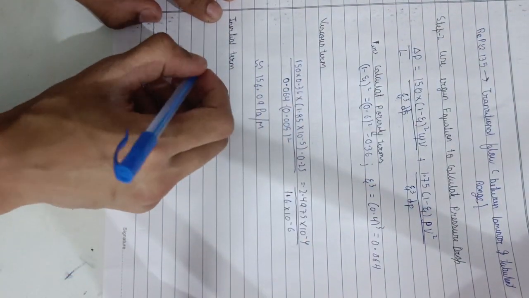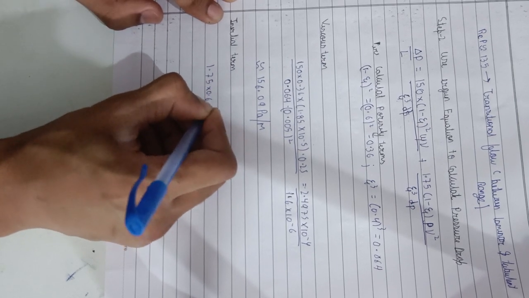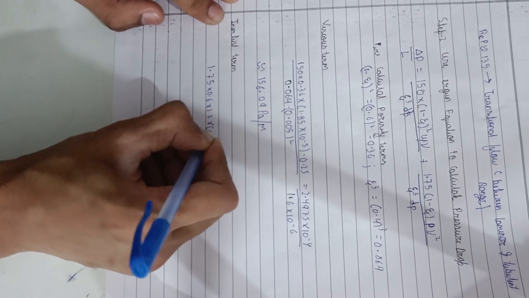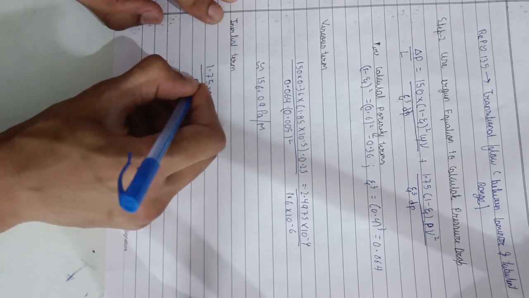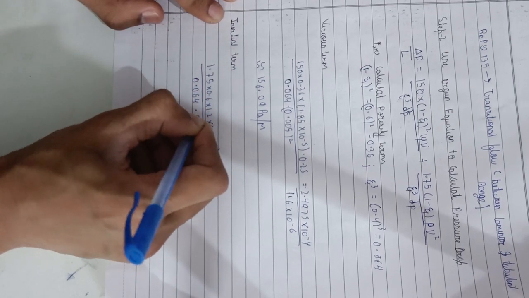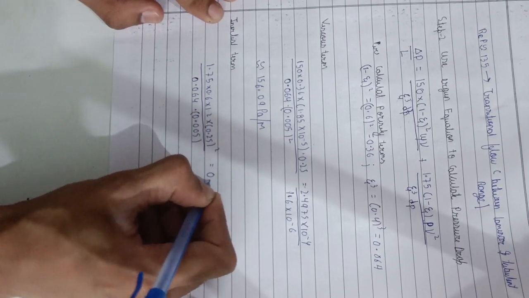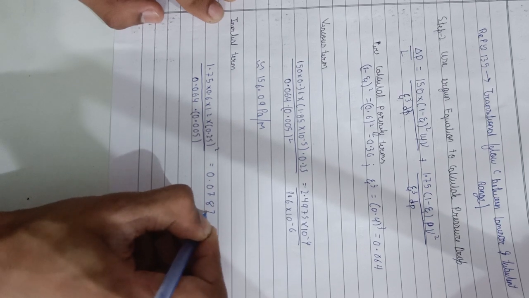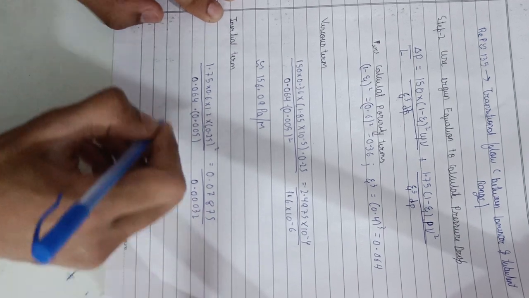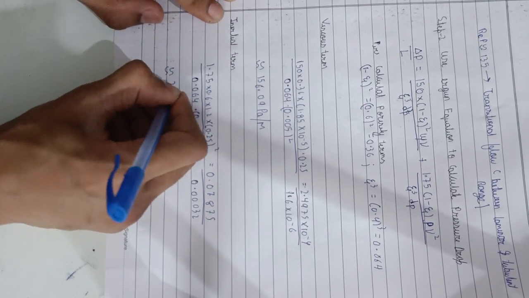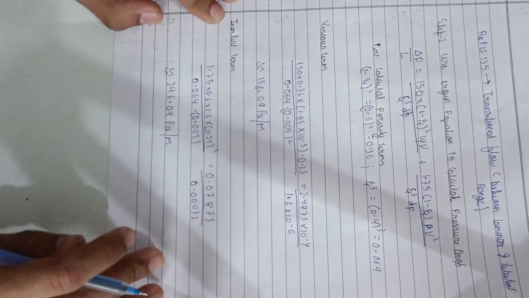So this term is equal to 1.75 into 0.6 into 1.2 into 0.25 whole square divided by 0.064 into 0.005, which is equal to 0.0875 divided by 0.00032, and which is roughly equal to 246.09 Pascal per meter.